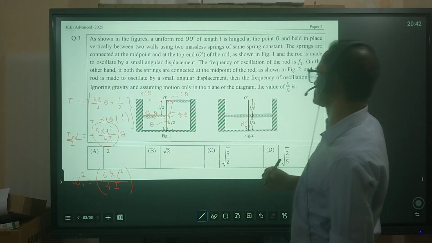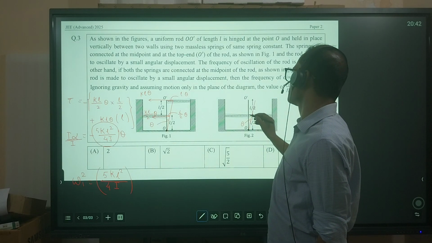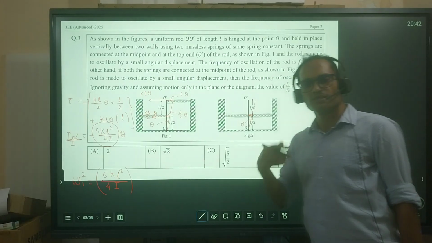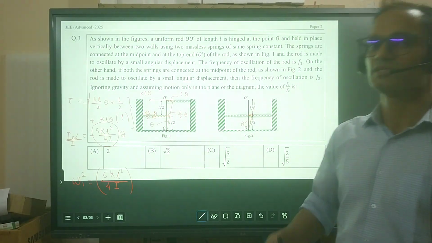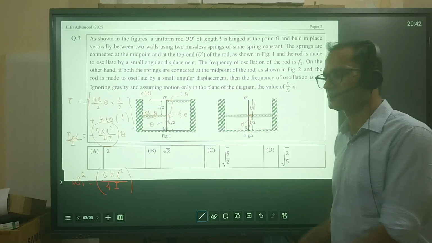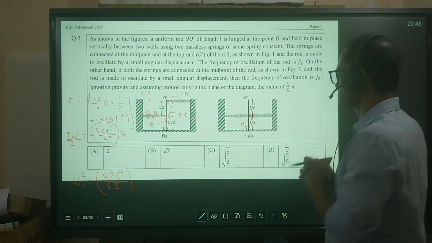In this case, this spring will be compressed and this spring will be elongated. One spring is elongated, one spring is compressed, but they will apply force in the same direction and their torque will also be in the same sense.